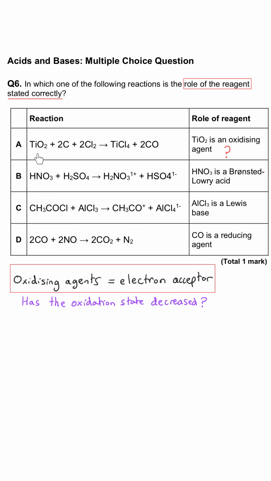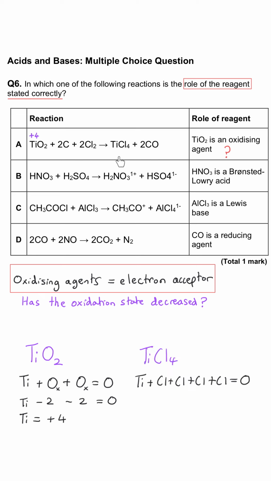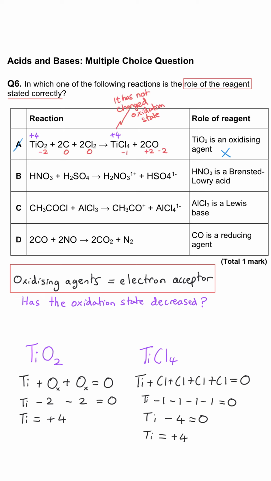In titanium oxide, the oxidation state of the titanium is +4 because the oxygens are each -2, and there are 2 of them. And then in the products, the titanium has become titanium chloride, and the titanium is still +4 because each of those 4 chlorides is -1. And so titanium oxide is not the oxidizing agent here.